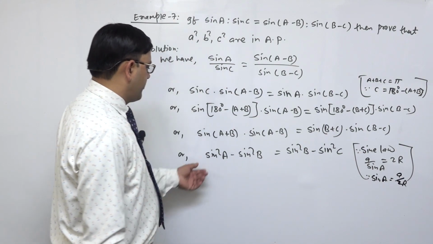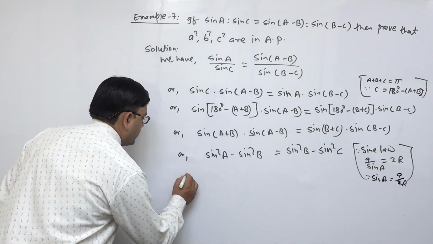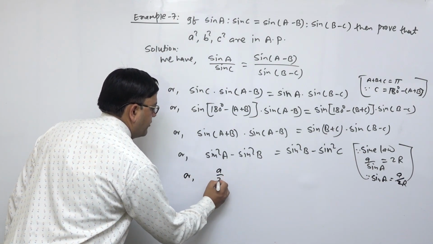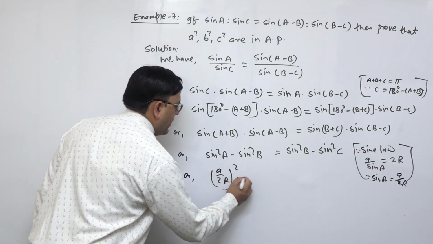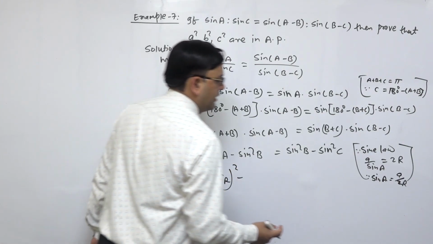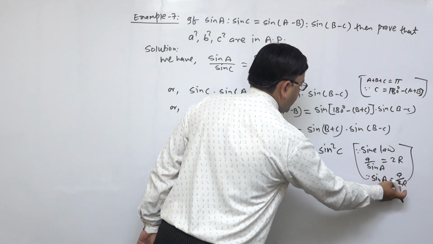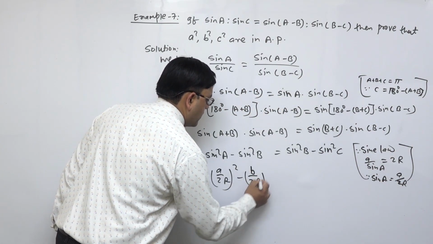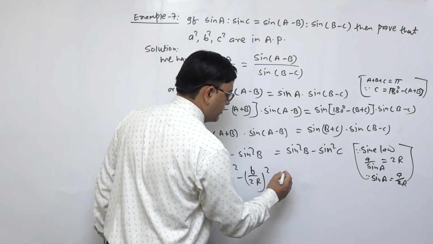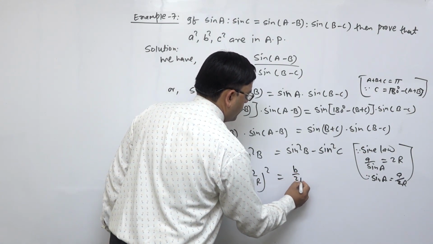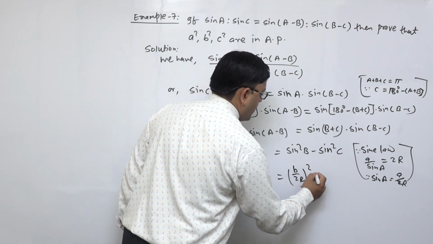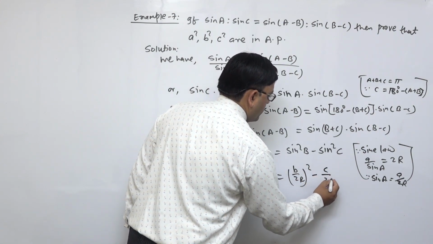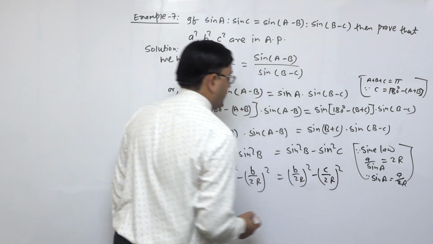So we can use sin square A as (a by 2R) whole square minus, similarly sin B is b by 2R, so (b by 2R) whole square is equal to (b by 2R) whole square minus (c by 2R) whole square.